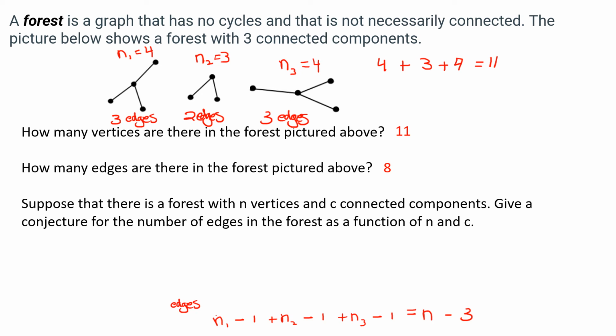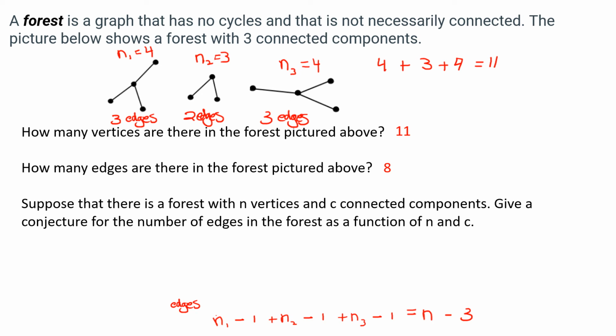So imagine just a general forest with c trees. We could add up the number of vertices in each tree and know that the number of edges is 1 less than the number of vertices in each tree. But since there's c trees, we would be subtracting 1 several times, c times, right?